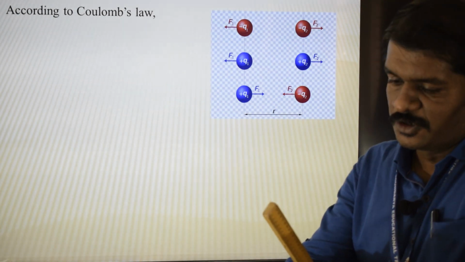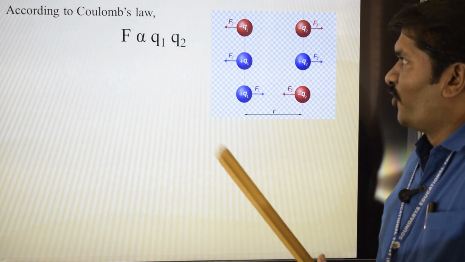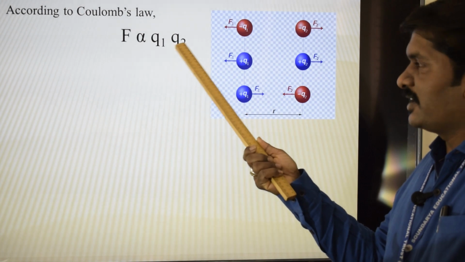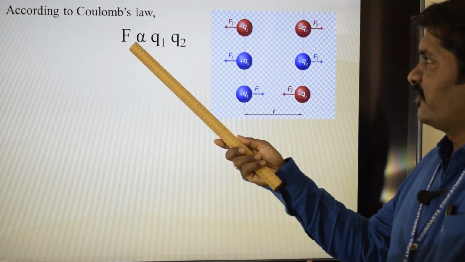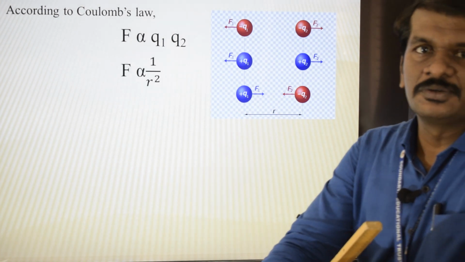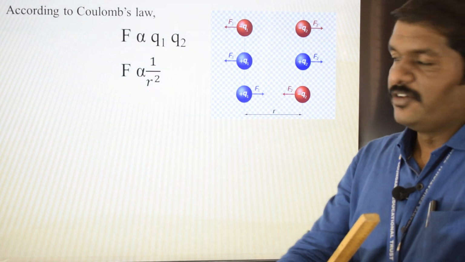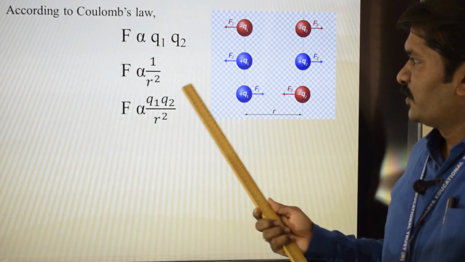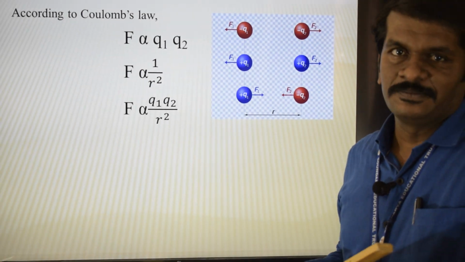According to Coulomb's law, the force of attraction or repulsion depends on the product of the magnitudes of charges. That means F is proportional to Q1 Q2, and F is proportional to 1 by r squared. If we combine these two, we get F is proportional to Q1 Q2 divided by r squared.